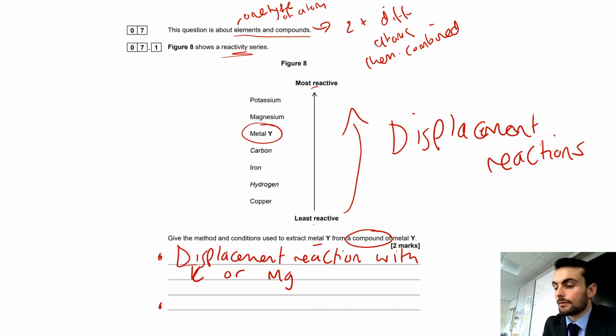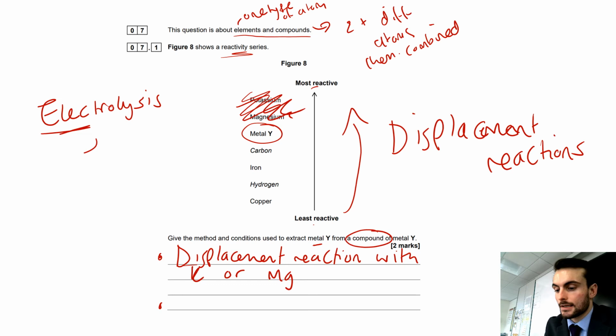Another way to do it, if we don't have anything that's more reactive, is we can also, if you remember, use electrolysis. So electrolysis using electricity to separate it into ions. So the other answer you could have put to get the 2 marks is you can use electrolysis.